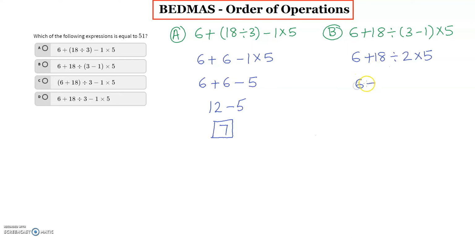Everything else is the same. 18 divided by 2 is 9, times 5. Now I will do the multiplication according to BEDMAS. 6 is the same. Adding sign is the same. 9 times 5 is 45. And I will add 6 and 45, which will give me 51. That looks like that's the option. However, if you want to check the other options, you can.